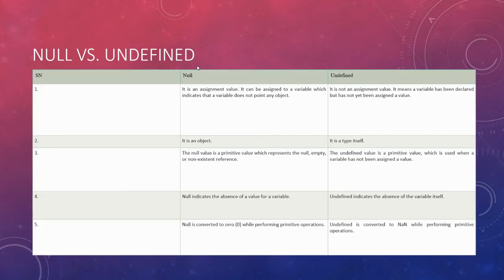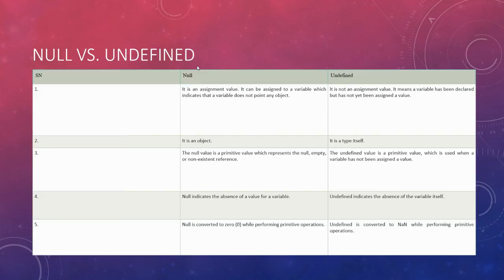So how exactly are they different? Null is an assignment value. It can only be assigned to a variable, indicating that the variable does not point to any object. But undefined is not an assignment value. It is a variable that has been declared but not yet assigned a value. Null is an object, but undefined is a type in itself.